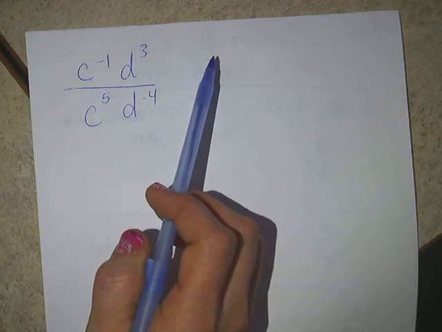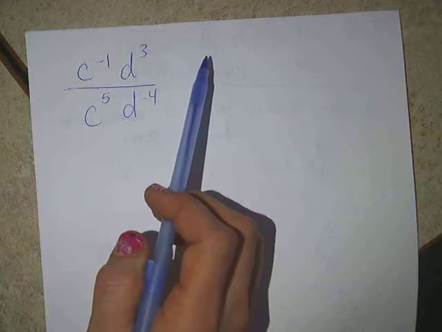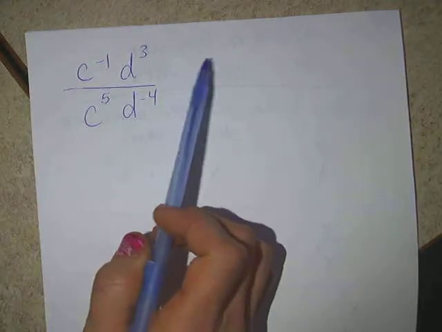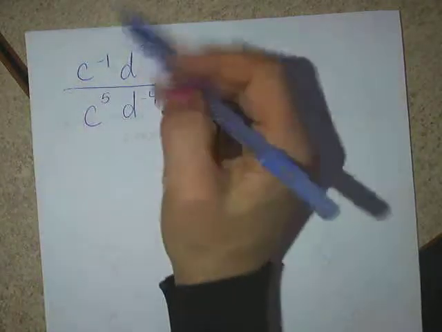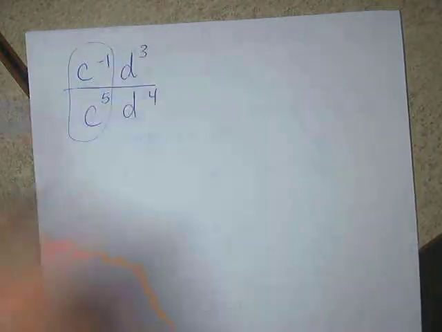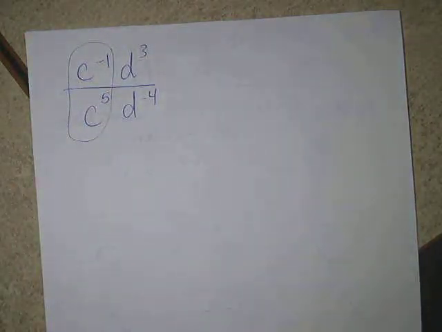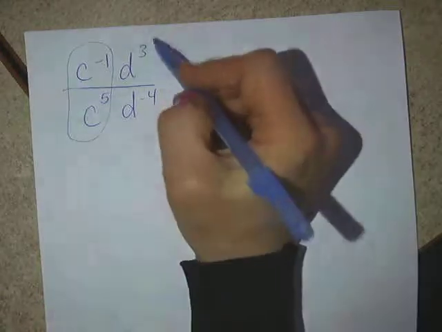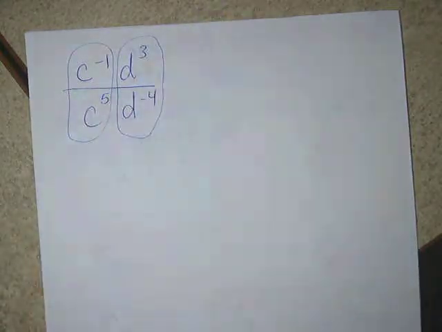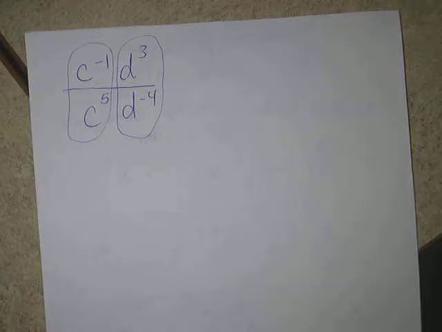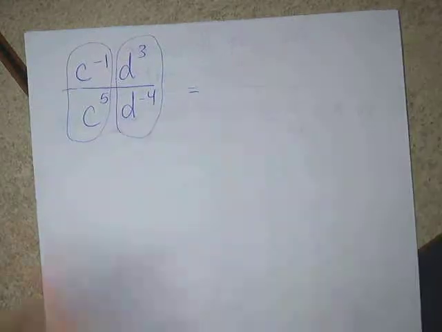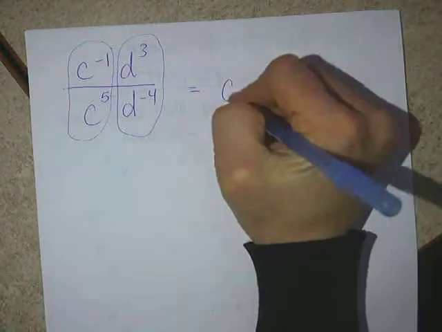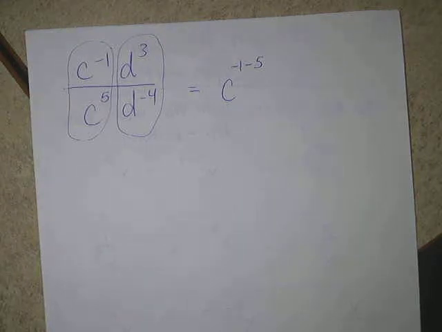I would do that first. So if there were a couple C's on top, I would put those into one base first, and then worry about the fraction part of it. But we don't have that yet. Right now we just need to combine those into one base of C. Worry about your C's first and then worry about your D's.